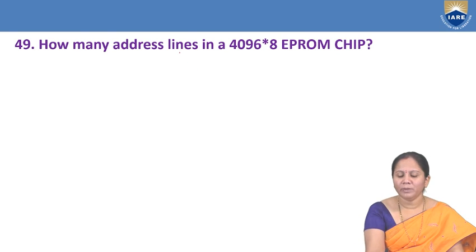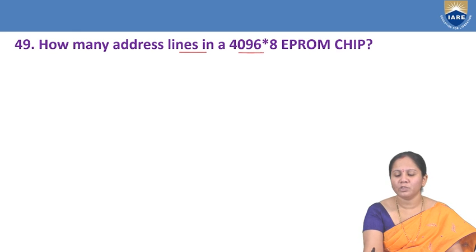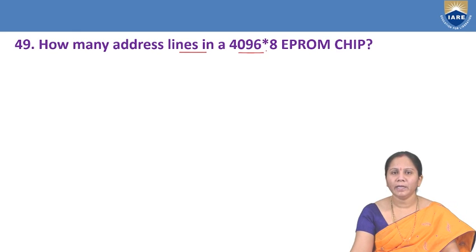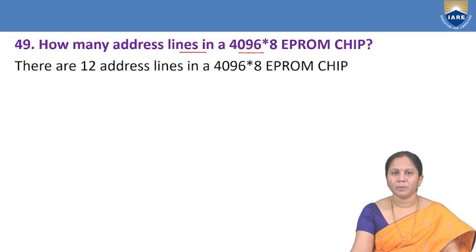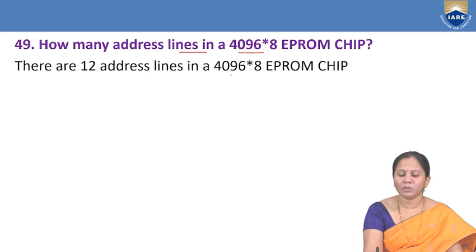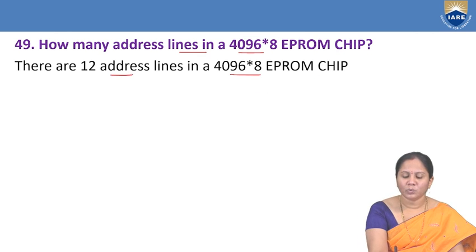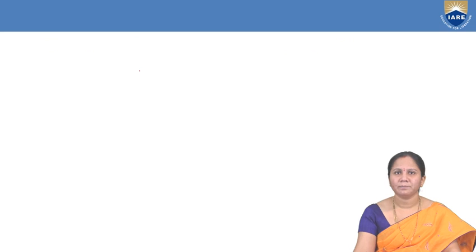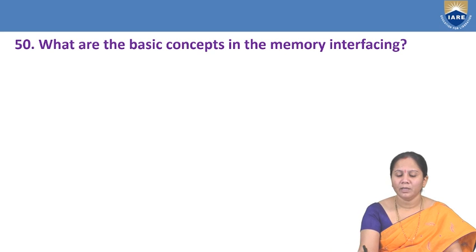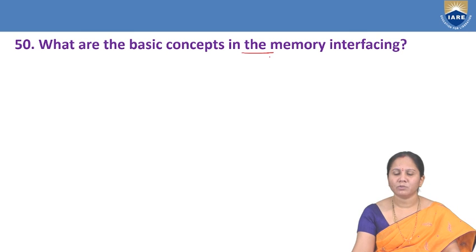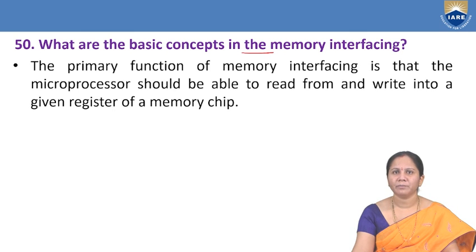And how many address lines are used in a 4096 by 8 EPROM chip? The number of address lines used in this 4096 by 8 EPROM chip is 12 address lines. What are the basic concepts in memory interfacing? How to perform memory interfacing?